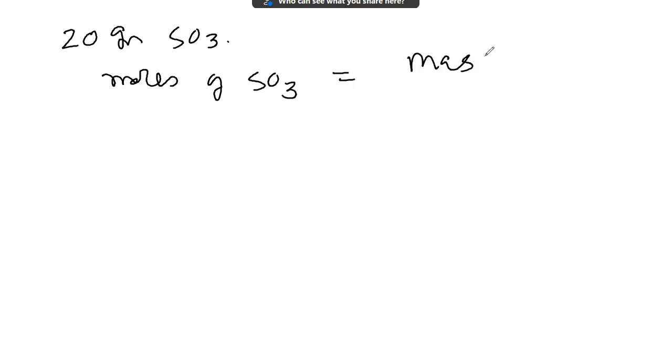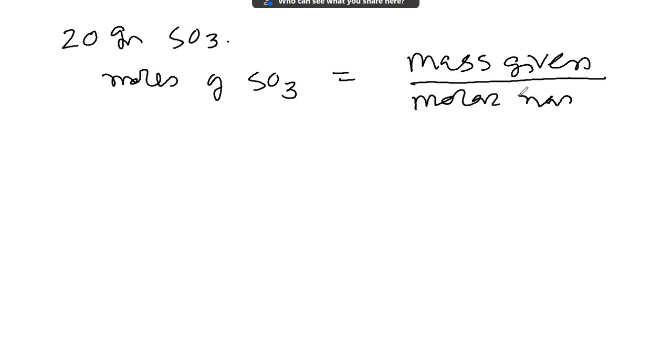20 gram SO3. Let us find moles of SO3, which is equal to mass given divided by molar mass. It is 20 gram.